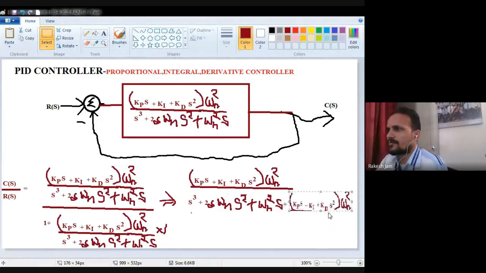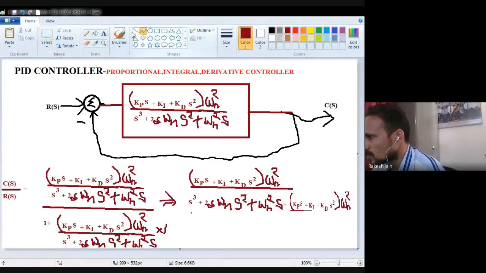So this will be your final answer for this proportional integral derivative controller.